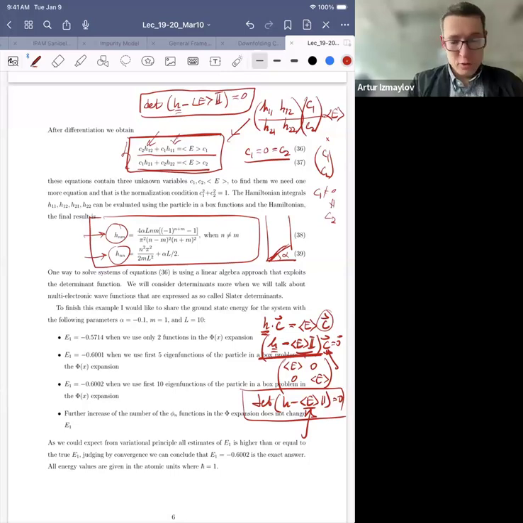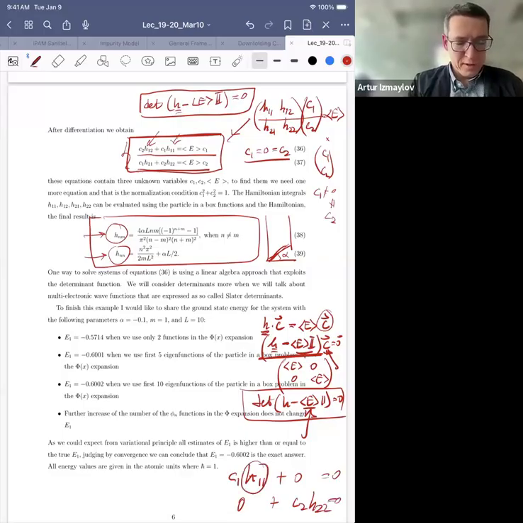One easy way to see that: imagine you have C1 multiplied by some value plus 0, and then 0 plus, let's say we have a diagonal case, and these are 0.